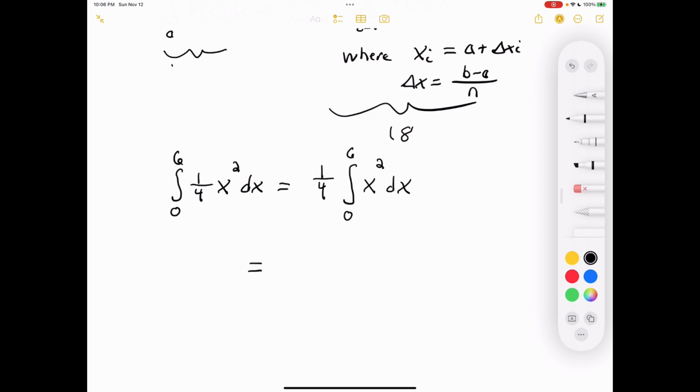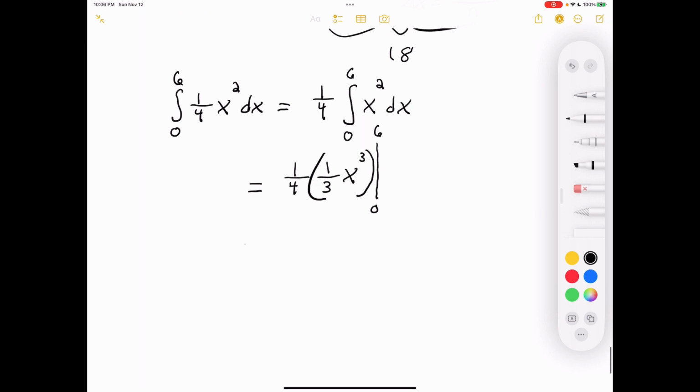And we'll use the antiderivative power rule to get the antiderivative of x squared, which is 1/3 x to the third. And the fundamental theorem of calculus says evaluate at b and a and subtract a from b. So evaluate from 0 to 6.